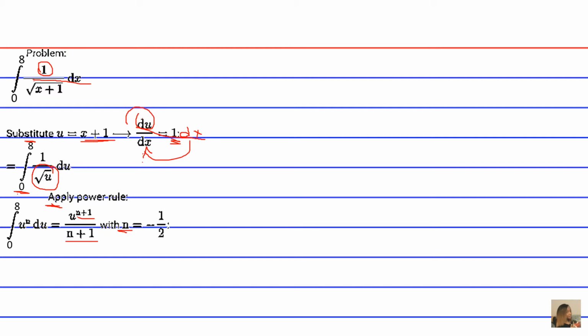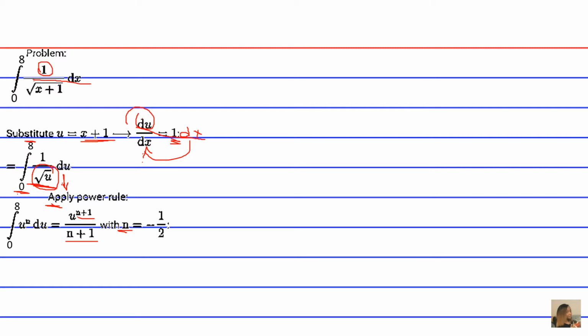So if n obviously is equivalent to negative 1/2, and 1/2 comes from the fact that you're taking the square root, and the negative comes from the fact that u is in the denominator and not the numerator. Okay, so that's negative 1/2, and negative 1/2 plus 1 would be the same thing as adding 2 over 2, so you're going to get a positive 1/2.